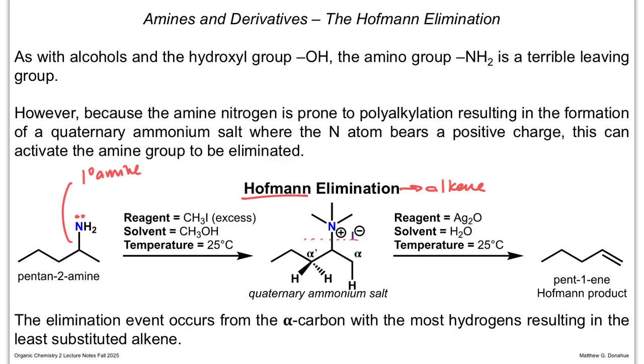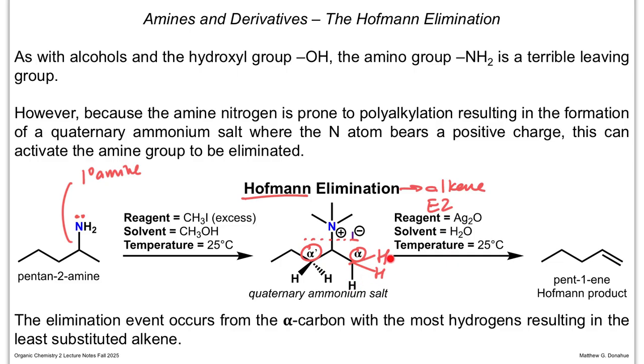And we're going to do an elimination from the alpha carbon with the most hydrogens. So this one has 3, the other one has 2, and that's your typical E2 mechanism. So it's really a matter of statistics when you're examining these.